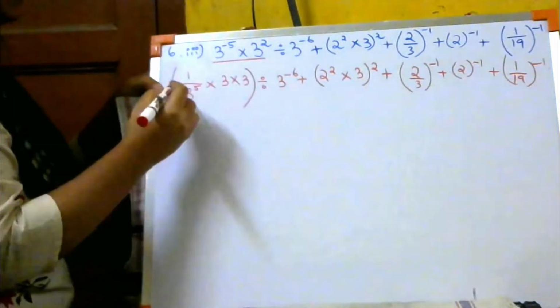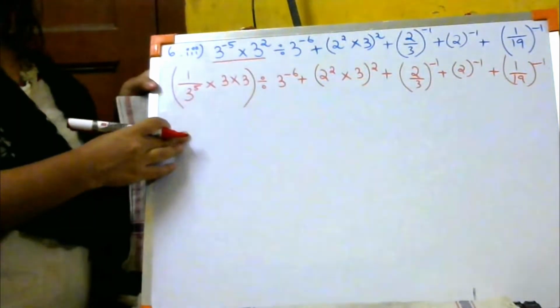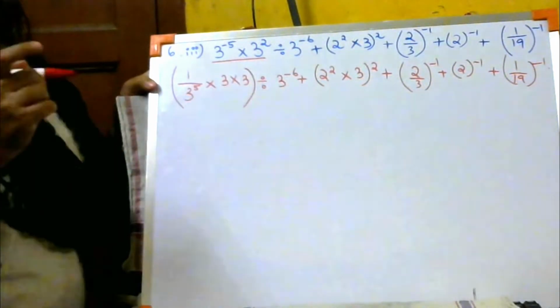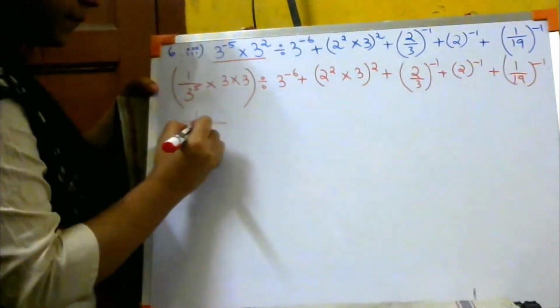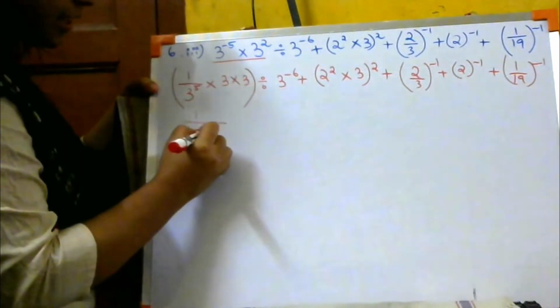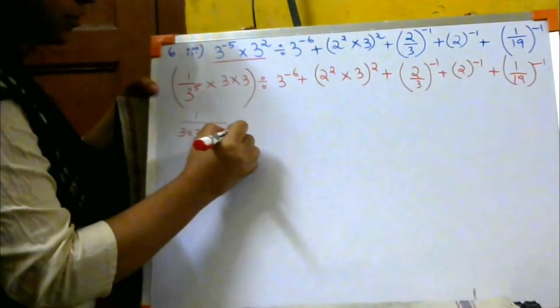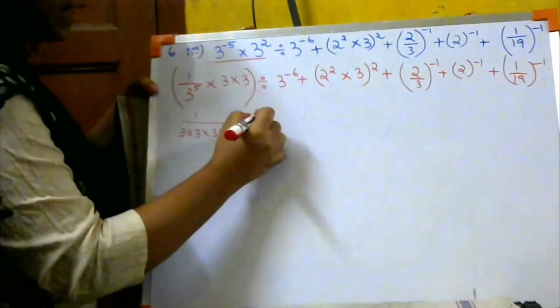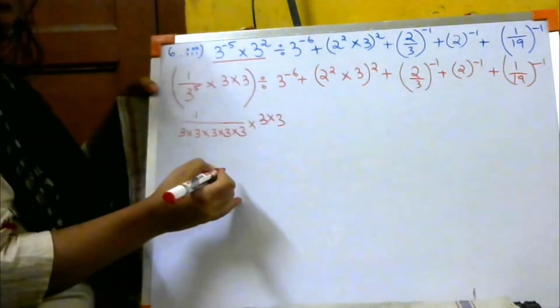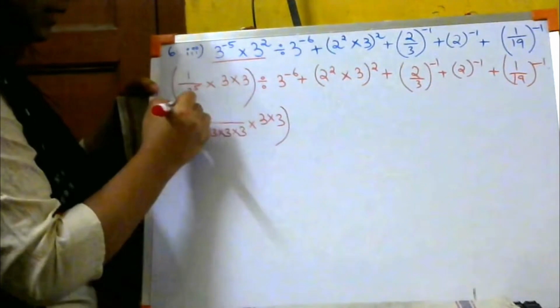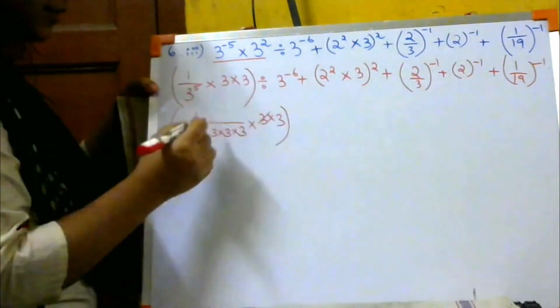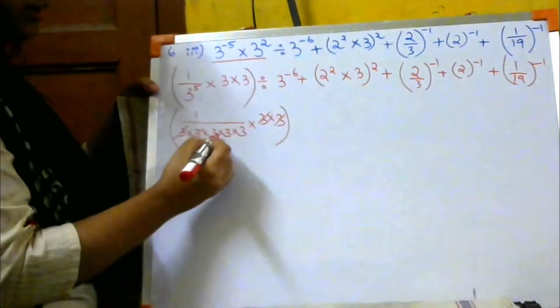Okay. Now, 3 to the power 5 means how many times is 3? 5 times. So 1 by 3 into 3 into 3 into 3 into 3, and 3 into 3 is at the top. Clear? In the bracket, let us cancel 3. One 3 gone. The second 3 gone. How many 3s are left now?